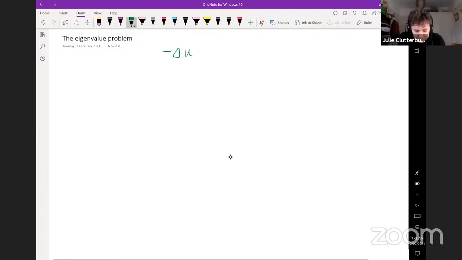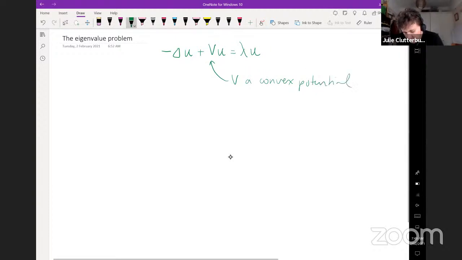We're going to take the Laplacian of u, but now I'm also going to consider a potential. So here, V will be a convex potential. So it's just a convex function that's defined on our domain.